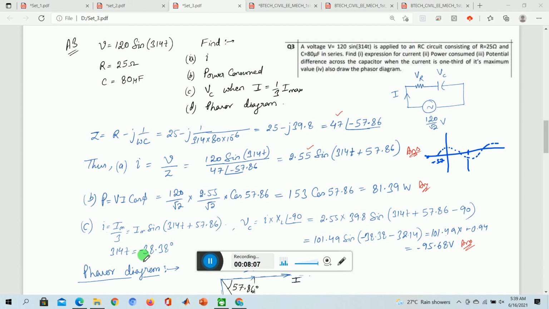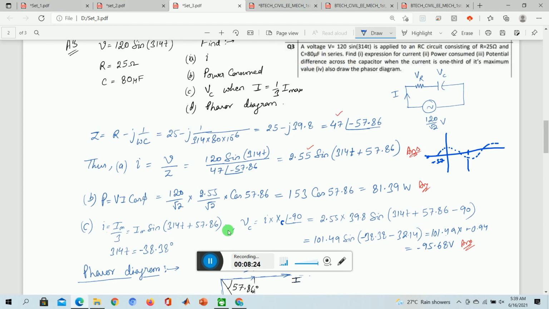So now what is the value of the VC? It is not asked the value of the voltage, it is asked across the capacitor. VC is nothing but this current expression multiplied with the capacitive reactance. This is XC. So XC is actually the negative of minus 90 degrees there, because of the j term.